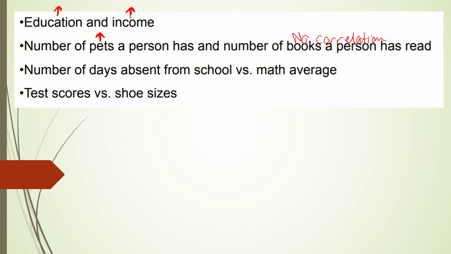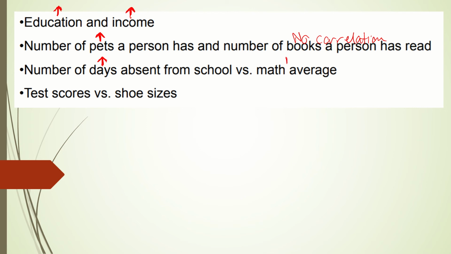Next, number of days absent from school versus your math average. So as you are absent more, what usually happens to your math scores? Is there a relationship? And if there is, do the math scores go up or do they go down the more days you're absent?